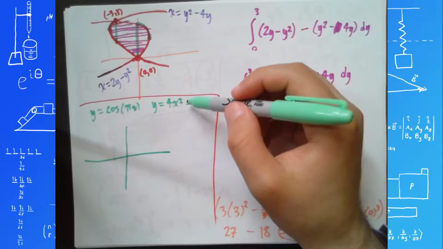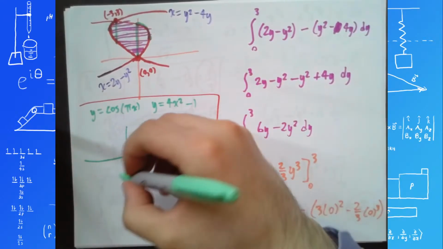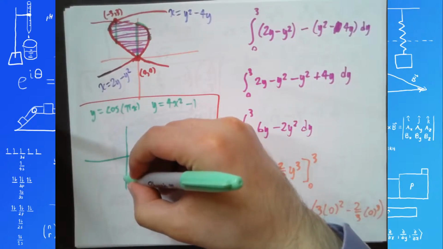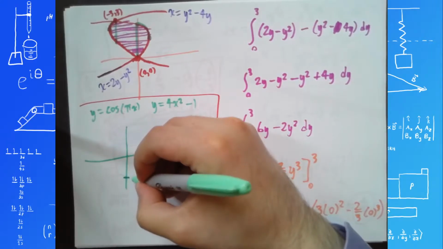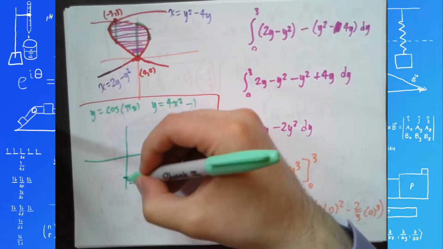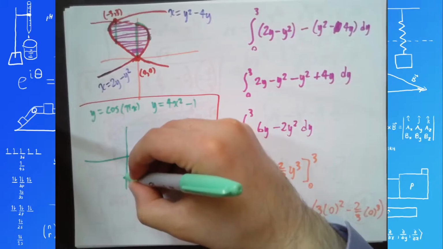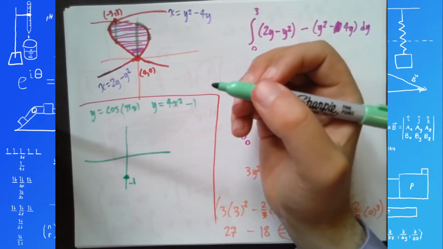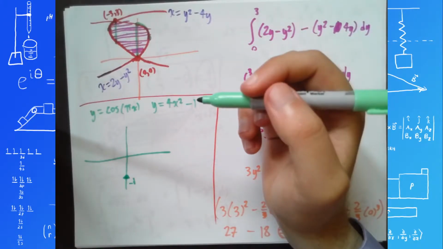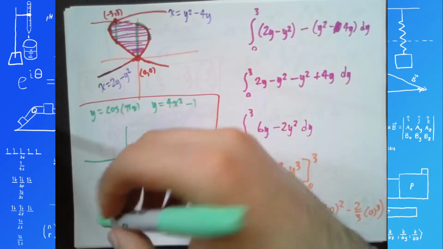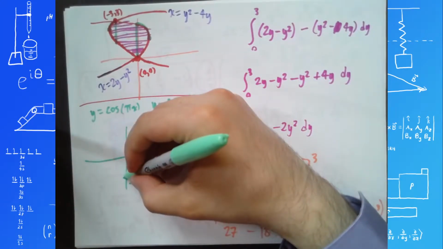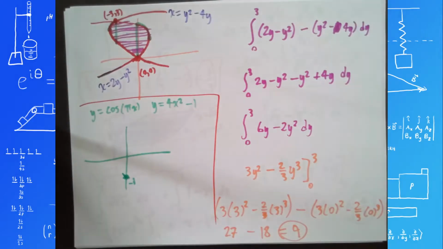I want to start with 4x squared minus 1, so that's going to have an intercept at -1. Let's draw that here. And then 4x squared, so it's going to be taller and thinner than your standard x squared graph.